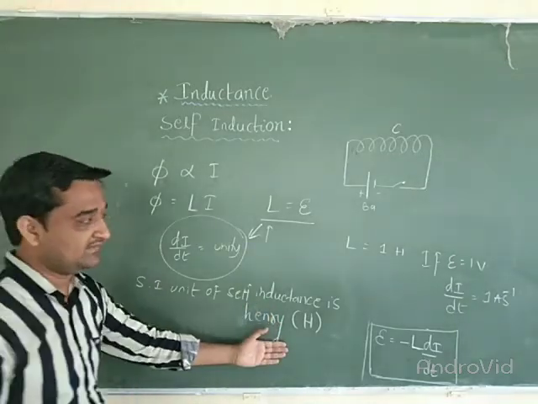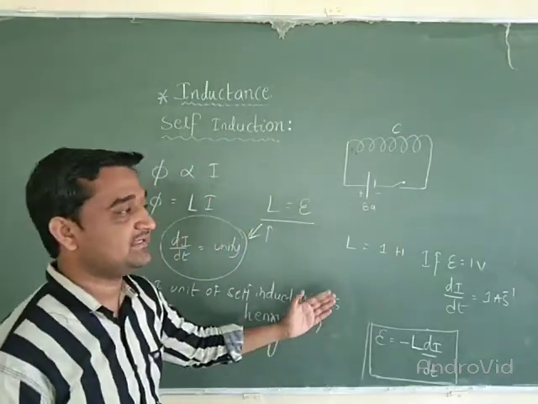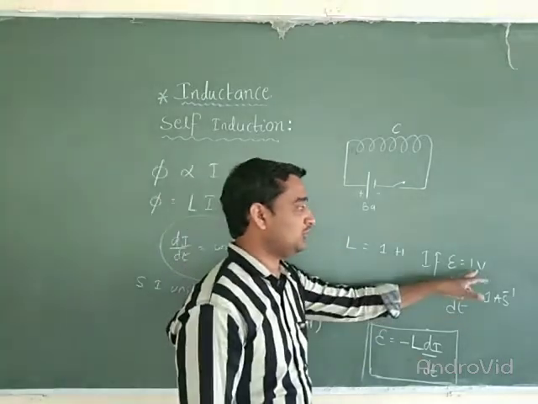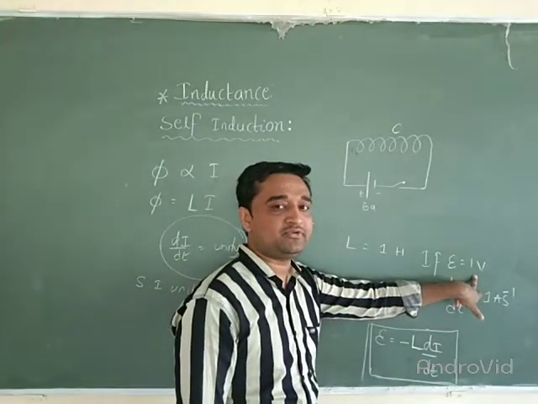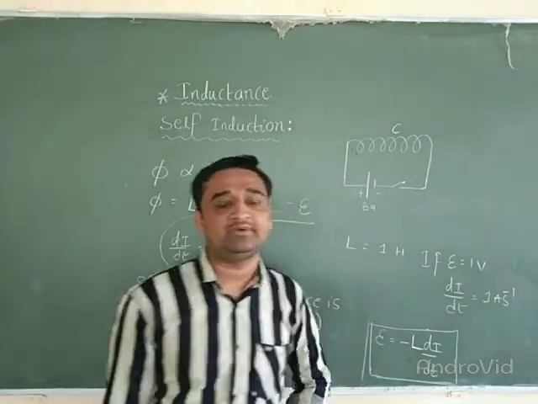That is Henry, and define 1 Henry. The self-inductance of the coil is said to be 1 Henry if 1 volt of EMF is induced in a coil when the rate of change of current through the coil is 1 ampere per second.